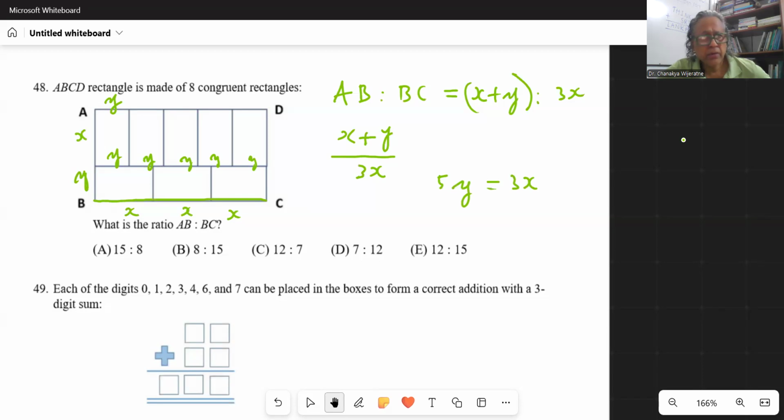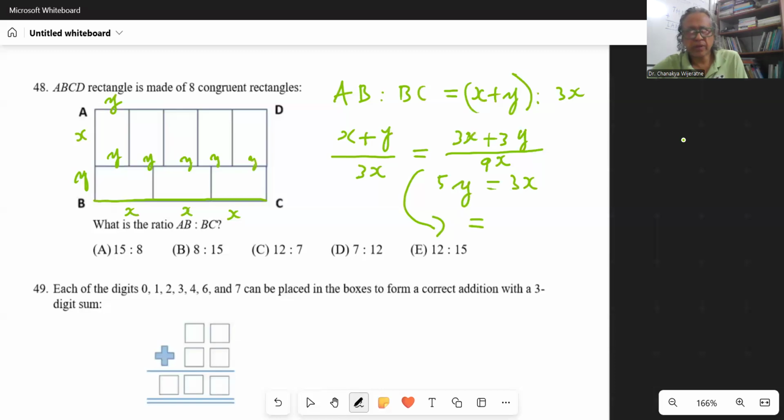So 3X is 5Y, and we can actually multiply both the top and the bottom by, if you like, 3, right? Then you will wonder why I multiply this by 3, and this will be clear in a moment, right? And we replace 3X by 5Y.